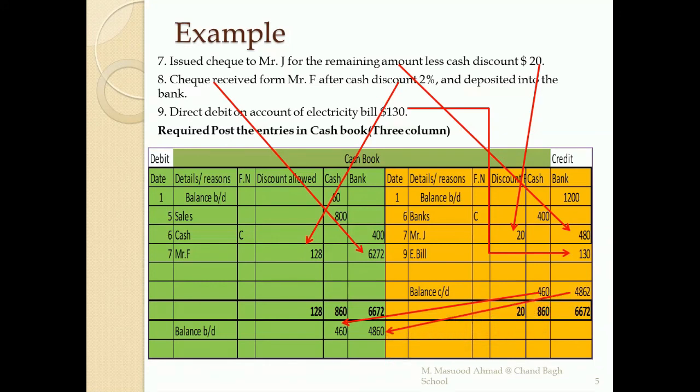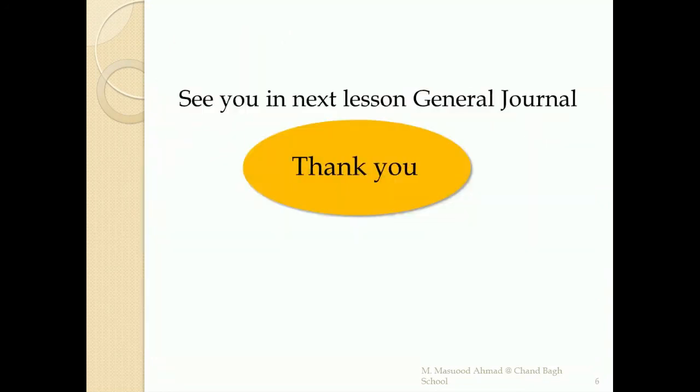You have to place it as the balance on the debit side. So initially you had an overdrawn balance of bank 1200, but now you have in your bank account 4,860. So that is your cash book, boys, and inshallah see you in the next lesson, that is journal.